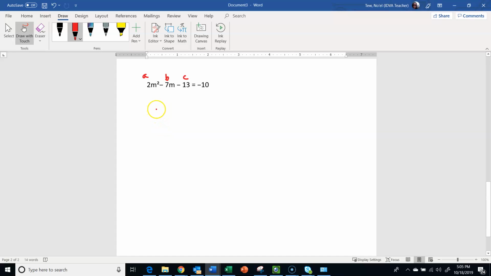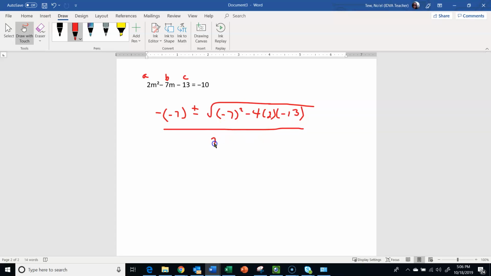So using our quadratic formula, negative b, so negative times -7, you plug that in, plus or minus the square root of b squared, so (-7) squared minus 4 times A, which is 2, times C, which is negative 13. Okay, nice. All over 2 times A.